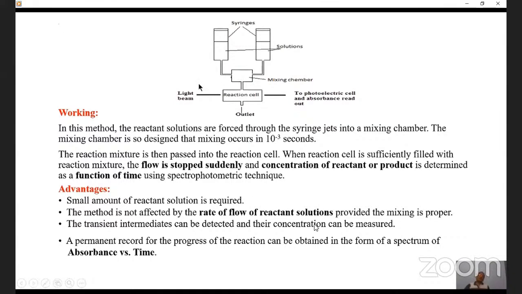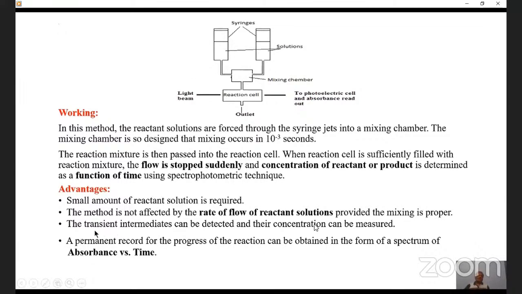Now then, what are the advantages of this stopped flow technique? One of the most important advantages is that a very small amount of reactant solution is required to determine the rate of a reaction. The second advantage is that this method is not affected by the rate of flow of reactant solution, provided the mixing is proper.